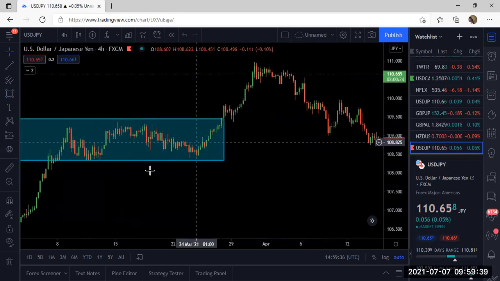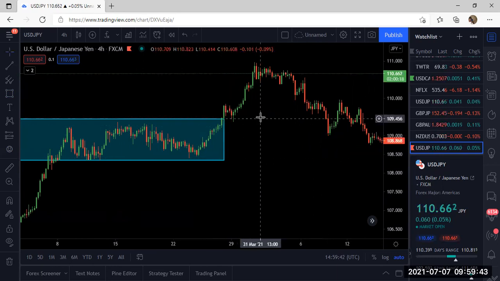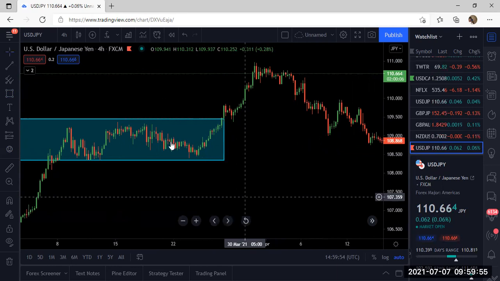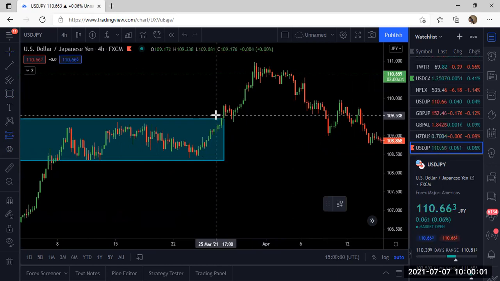Now, I don't know if it's gonna go down or if it's gonna go up. That's why I like to place buy limit and the sell limit, all right? Buy limit, sell limit. I don't know which way it's gonna go. So if I was to enter this, I will enter right here.